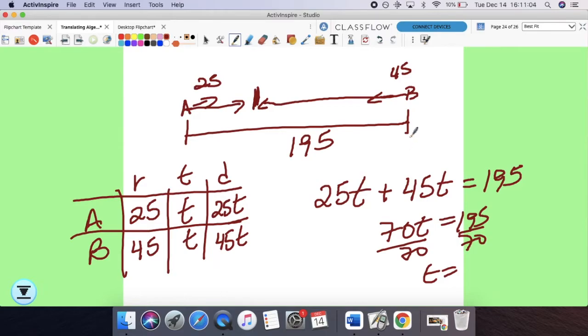Sorry guys, I'm trying to simplify that and make it more manageable. So let's divide this by 5.